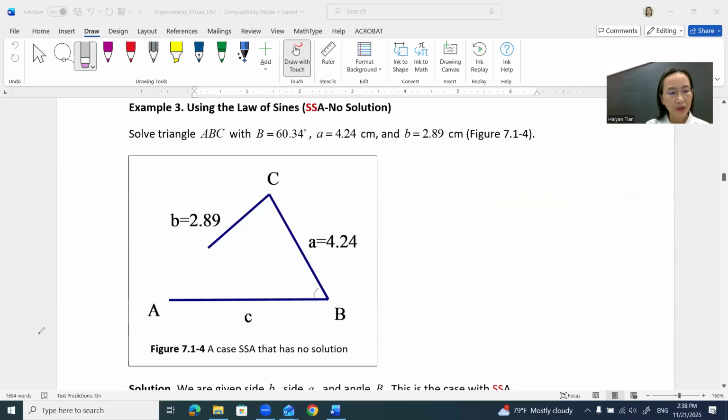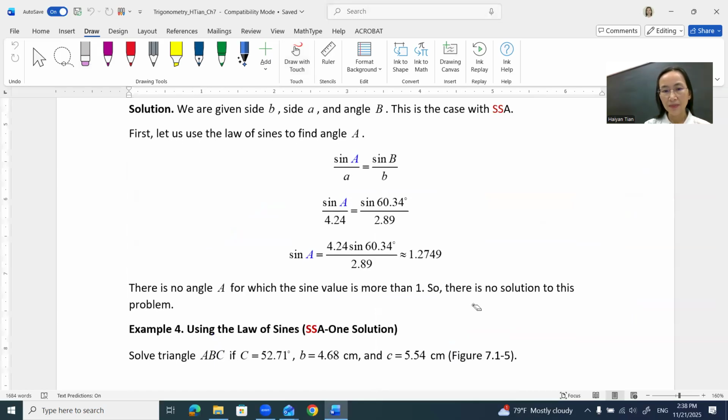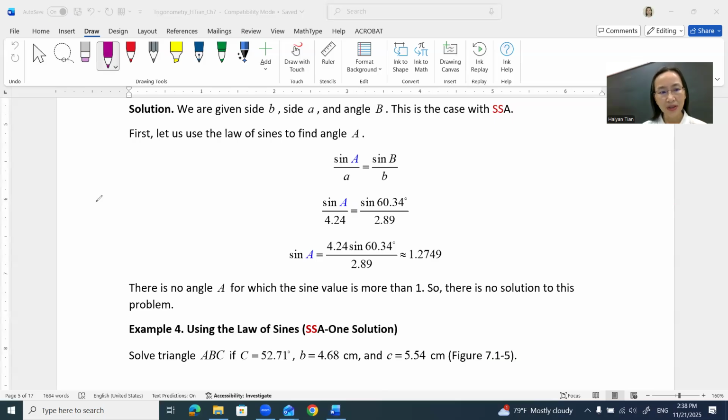So let's go ahead and solve for sine A. So this is our equation. And then we put all the numbers in. So this is a lowercase a and lowercase b.